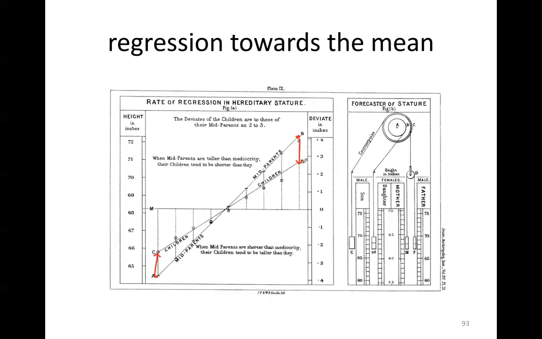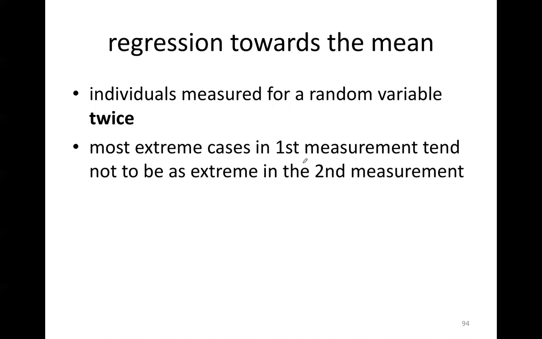And in fact this behavior of data, this behavior about extreme points, is observed in many instances when you have a random variable and an individual is measured twice for the variable.